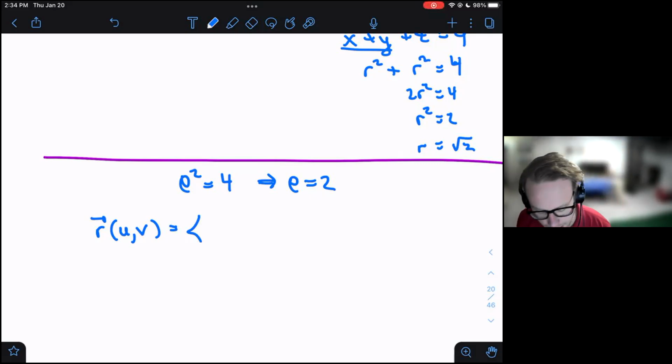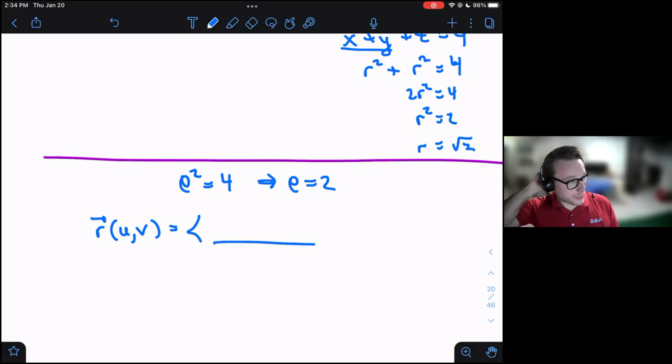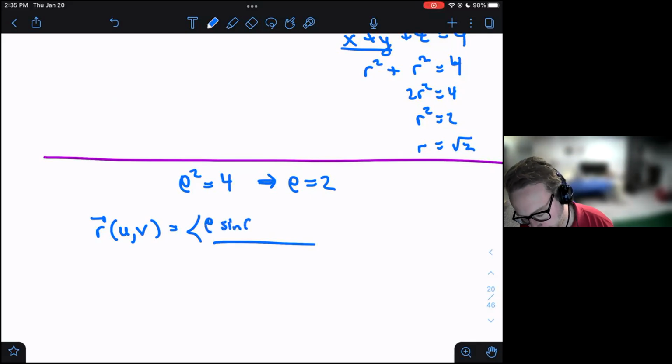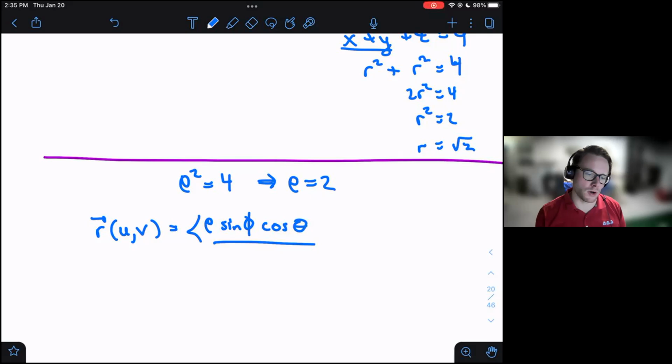First I need to think about x. Going back to spherical, the exchange for x would be rho sine phi cosine theta. So this rho sine phi is our r cosine theta. Now let's do some swaps.